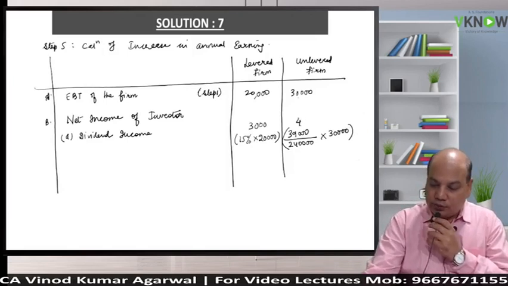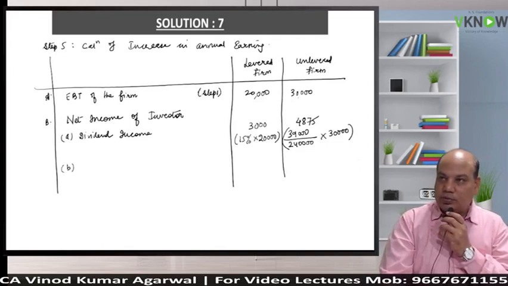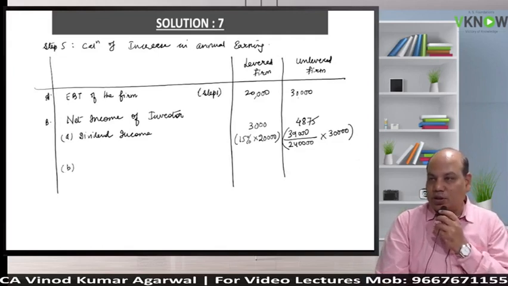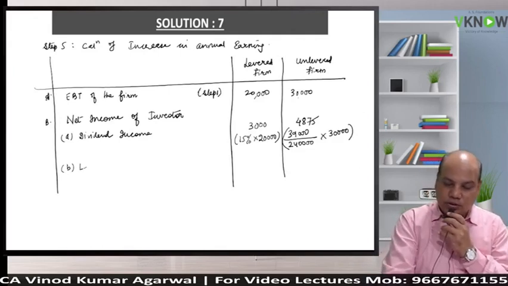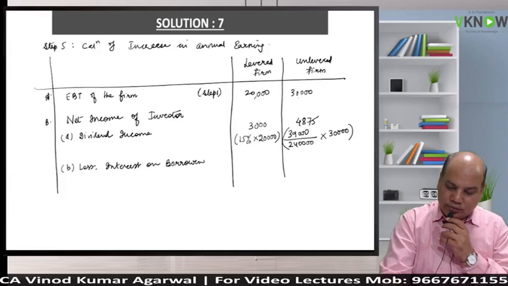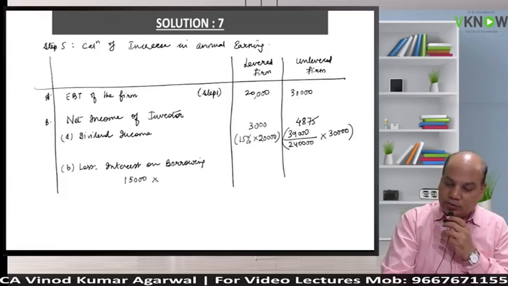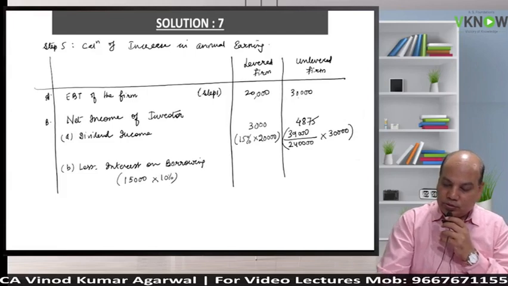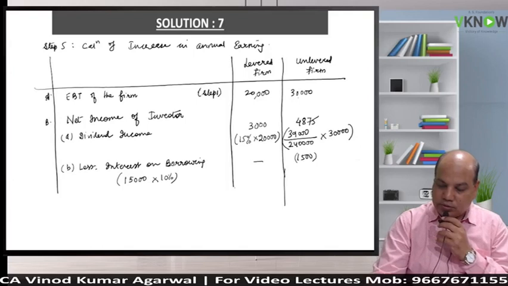So he will get 4,875. But to invest the money in the unlevered firm, he has borrowed money. So what will I do? Less interest on borrowing. How much amount has he borrowed? 15,000. At what rate has he borrowed? 10%. So in the second firm, he has to pay 1,500 rupees interest.